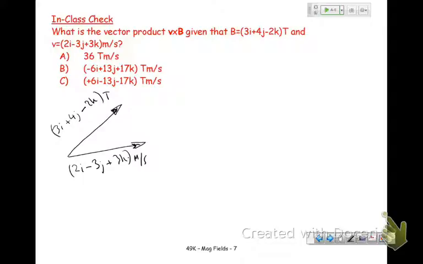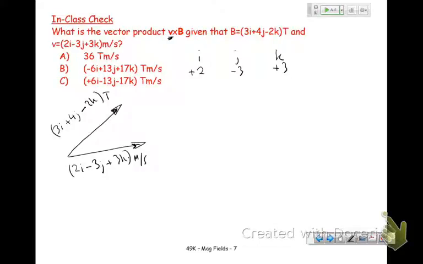And what I do is I say, okay, I'm going to go I, J, K. Then I've got to make sure I have the first one, and my first one is going to be V cross B. So I want to find my V. That's plus 2, minus 3, and plus 3.